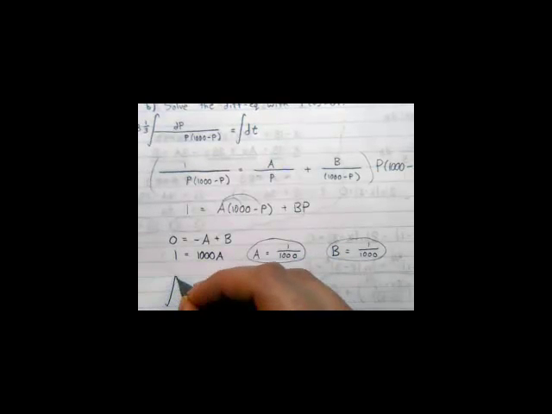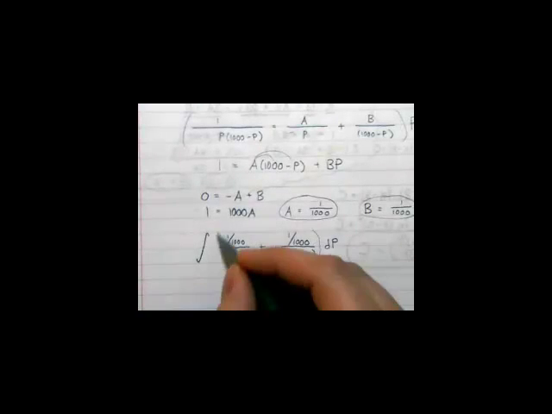So let's see. I'm going to do the integral. So this is all one thing. And then don't forget I got 3,333 and a third still hanging out front here.